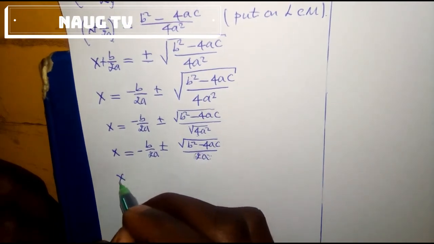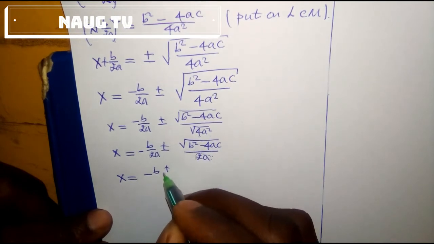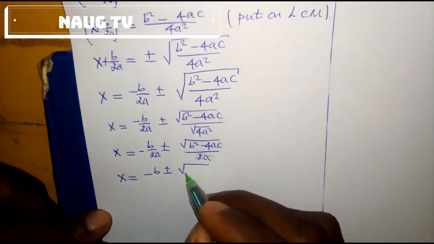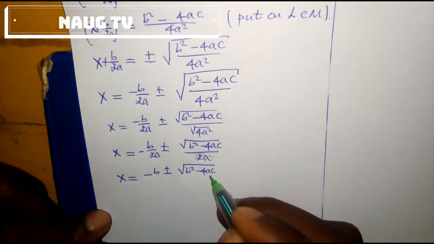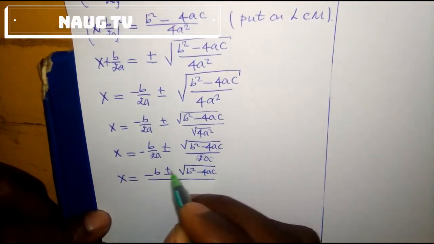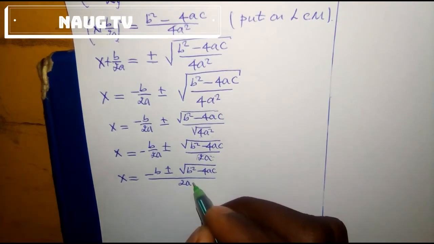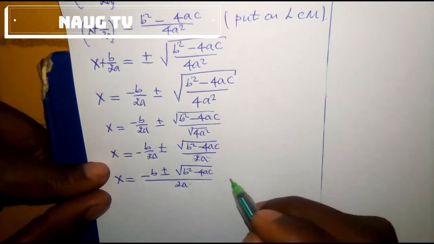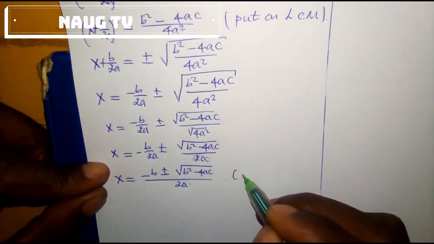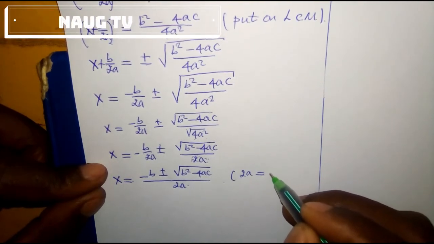So we can write the answer of x as negative b plus or negative square root of b squared negative 4ac over 2a, since 2a is taken as common denominator.